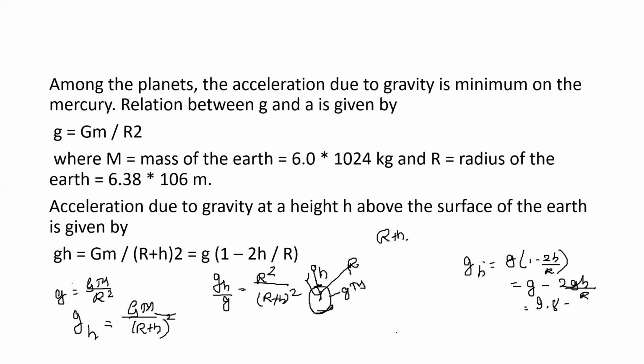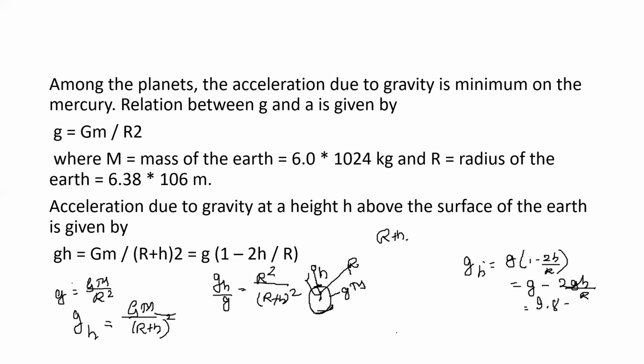So here, can you guess whether the value will decrease or increase? As it is written 9.8 minus some value, the value is decreasing. Therefore, acceleration due to gravity at height h decreases.